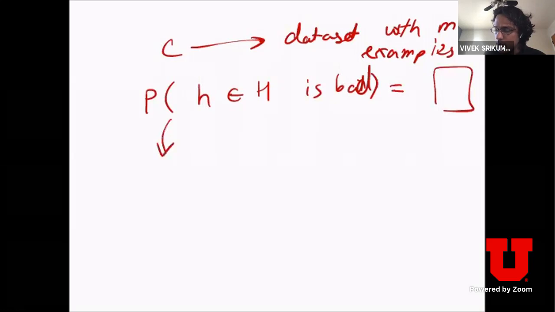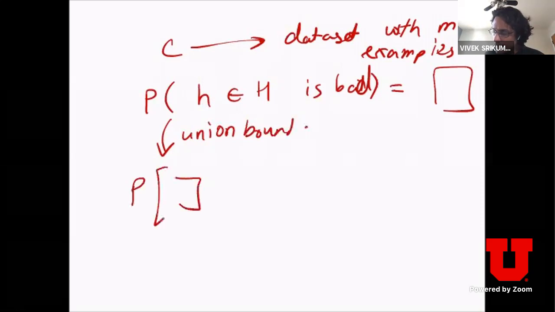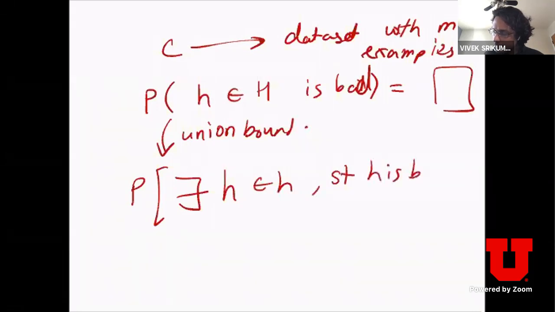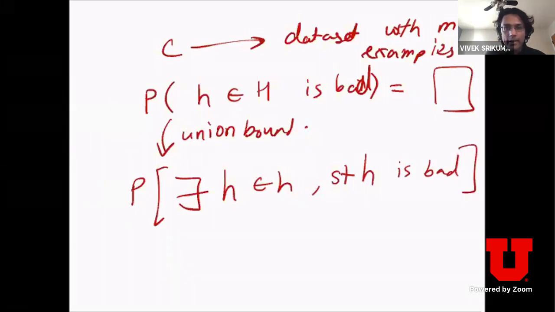And from there, we use the union bound to say the probability that there exists some hypothesis in H such that h is bad. When we did that, we are essentially saying this algorithm might just pick anything randomly.